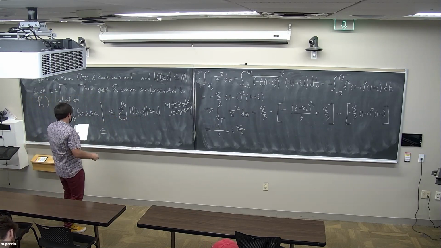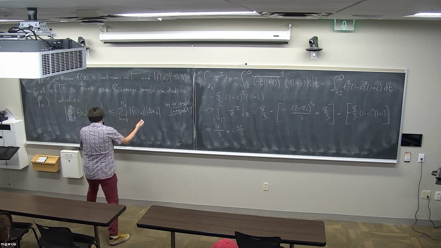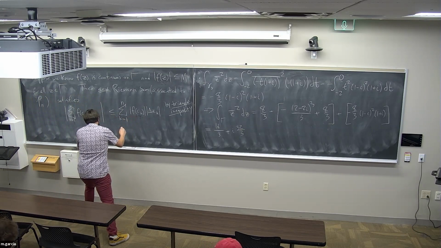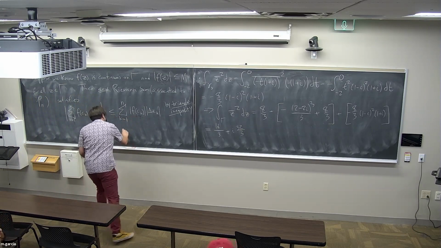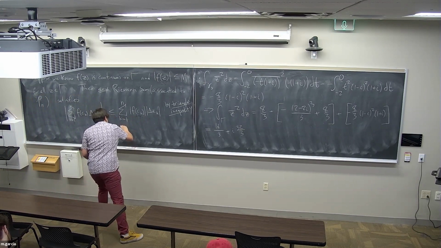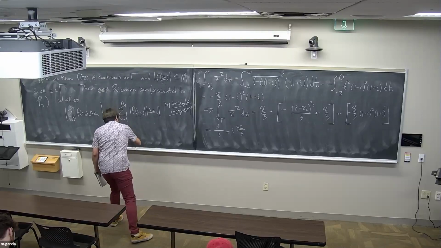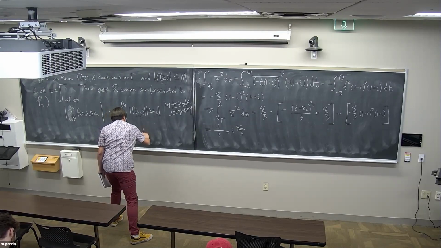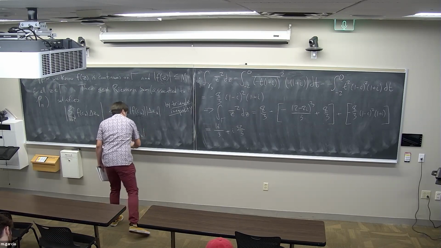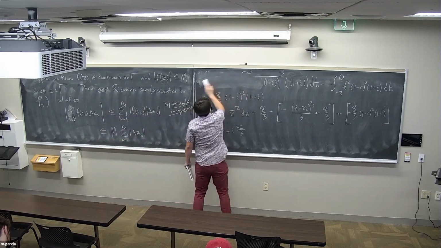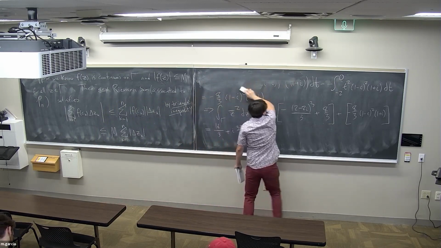Okay, so what do I need to say here? M times the sum from k equals 1 to n of the modulus of delta z sub k. Okay. Good.